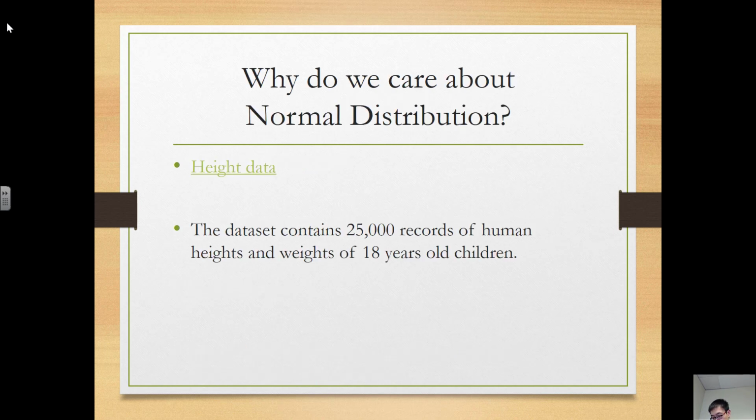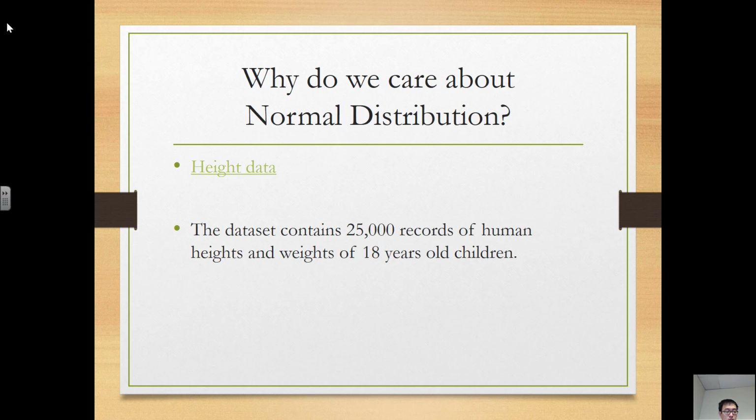Okay, so let's start. So the first question you may ask is, why do we care about normal distribution? So the answer to that is not that easy. There is a mathematics theorem called CLT, which is short for central limit theorem.